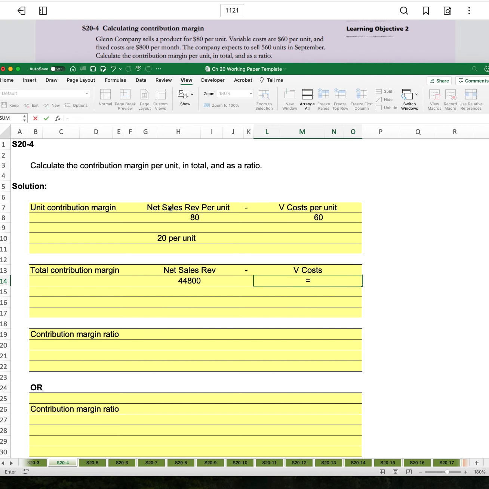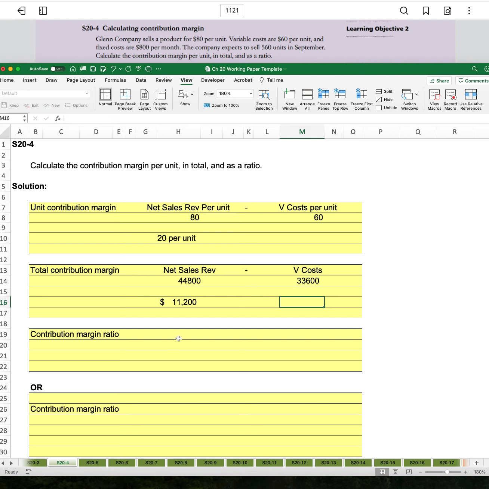Variable costs, we have 60 per unit times 560 gives us 33,600. And then if we just subtract those out, we get 11,200. We could have also said 560 times our 20 per unit, and we get that same 11,200.